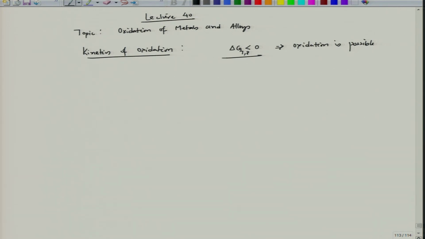Now, in order to find the rate without understanding much of the mechanism of oxidation, I mean to say how oxidation takes place. Like in a metal, oxidation can be decided by movement of metal ion from inner surface to outer surface, and this inner surface is nothing but the metal and metal oxide interface, and the outer surface is nothing but the oxygen and metal oxide interface.